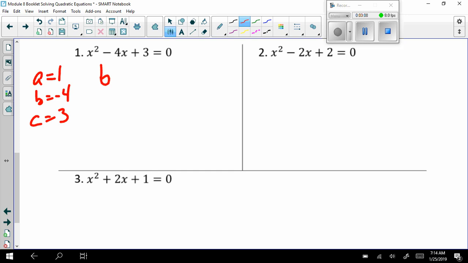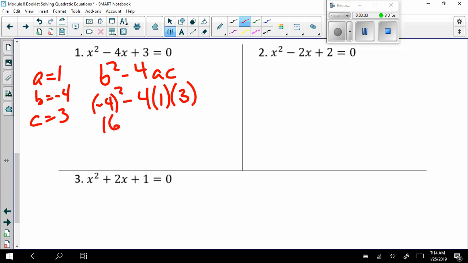And then I'm going to do b squared minus 4ac. So I'm going to replace the b with negative 4. You have to use parentheses there. I'm going to replace the a with 1 and the c with 3. So all I've done is substitute in my values for a, b, and c. Now I'm going to do my order of operations. Negative 4 squared is a positive 16. That's why you need the parentheses there. Negative 4 times negative 4 is positive 16.